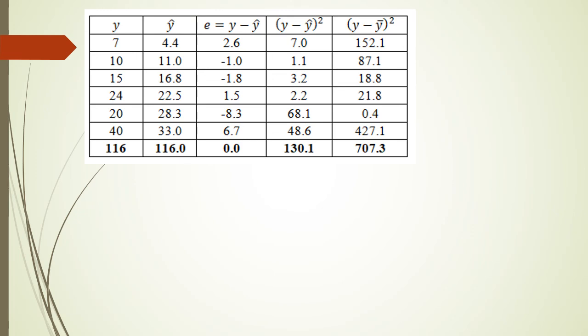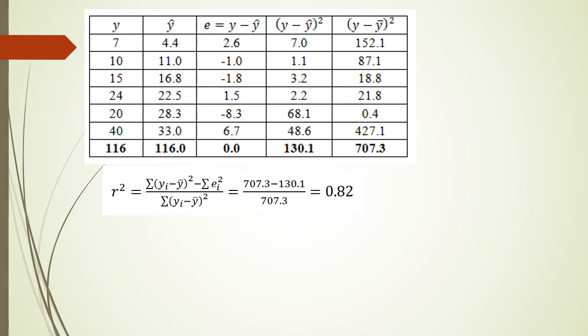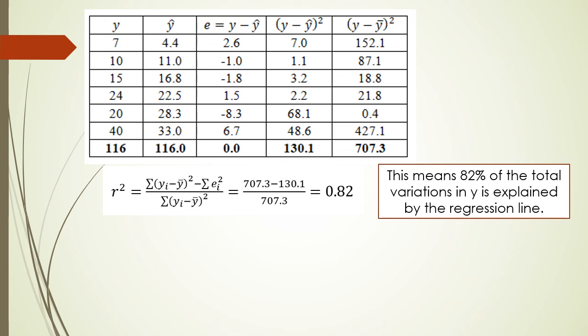From our earlier table, we also have the summation y minus y bar square. And if we put these values in the formula for R square, it comes out to be 0.82. That is, 82% of the total variations in Y is explained by the regression line of Y on X.